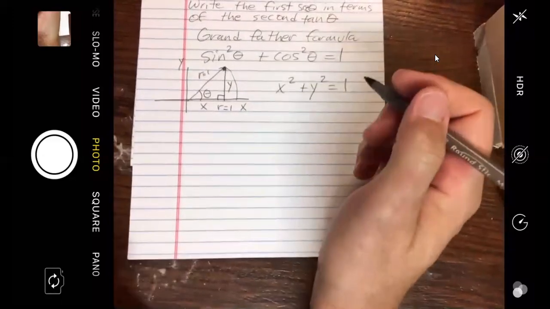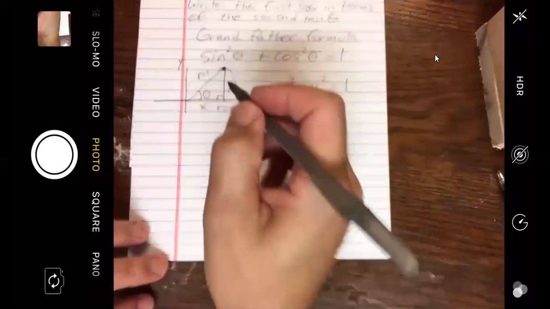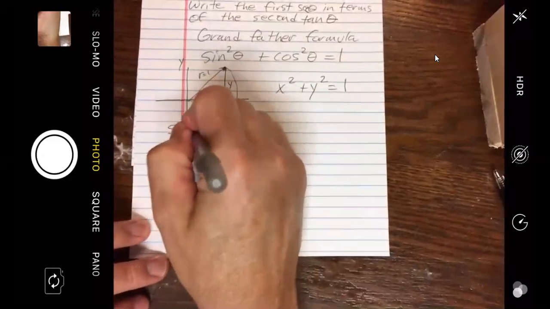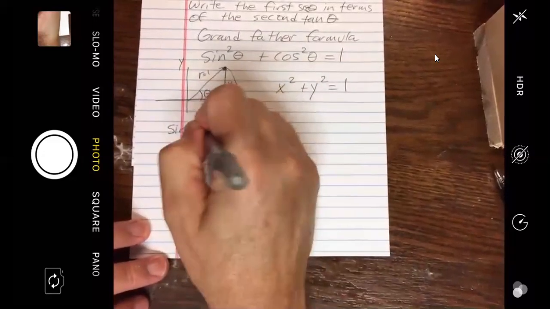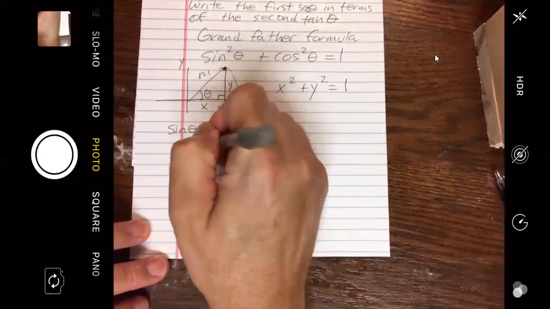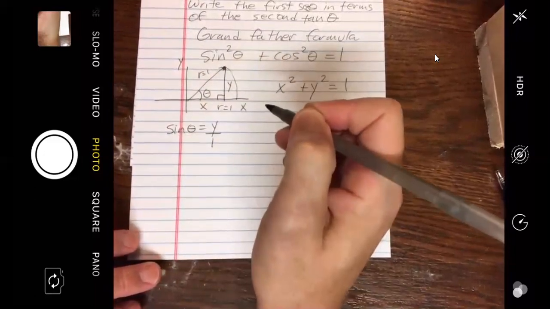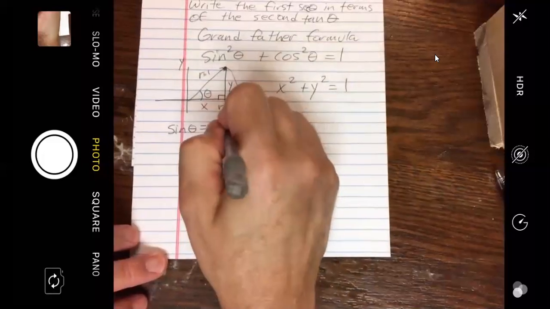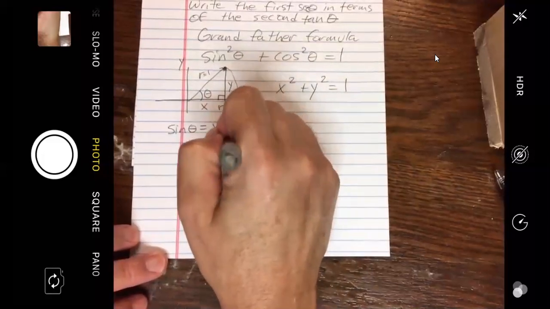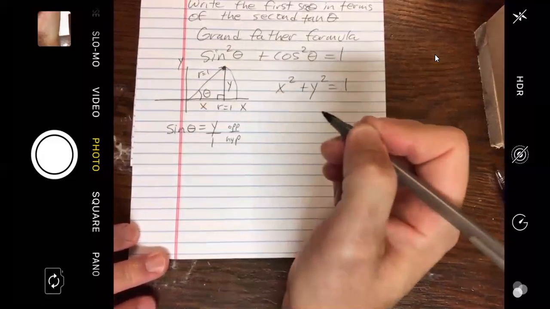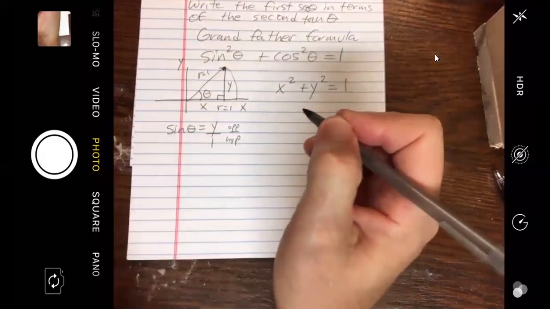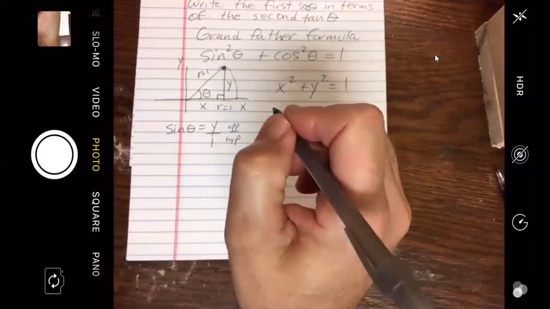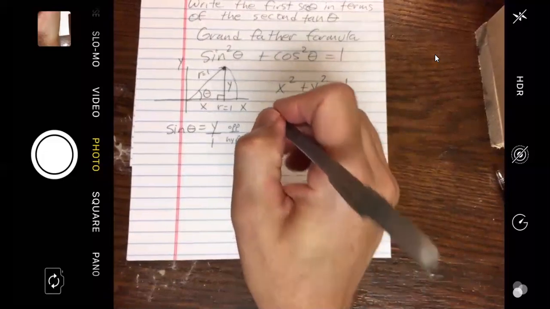The sine of an angle is its opposite leg over the hypotenuse. Have you seen those definitions before? Oh yeah, like for sin, cos, and tan.